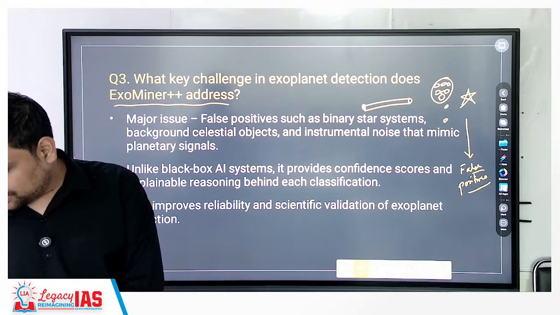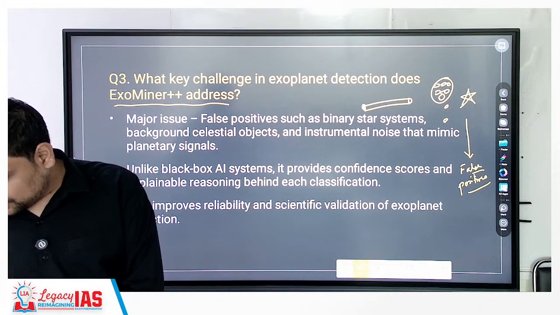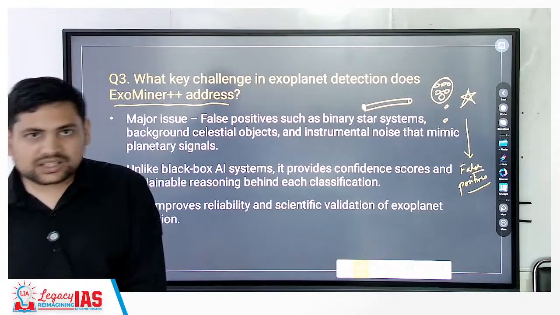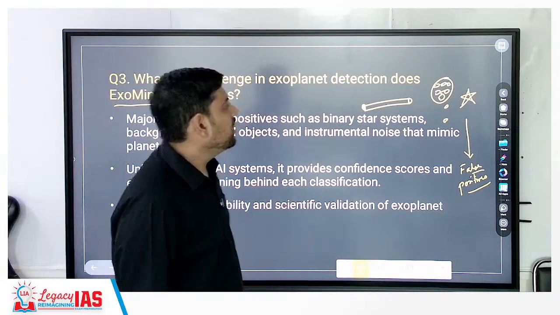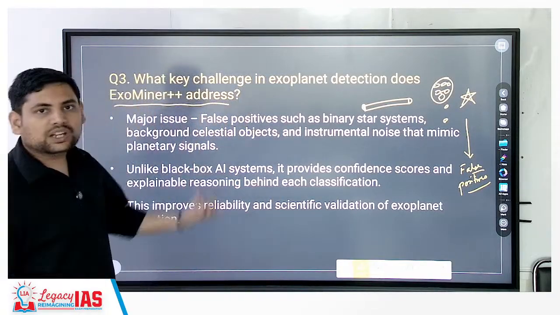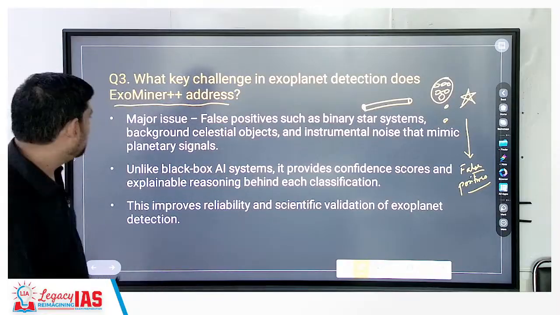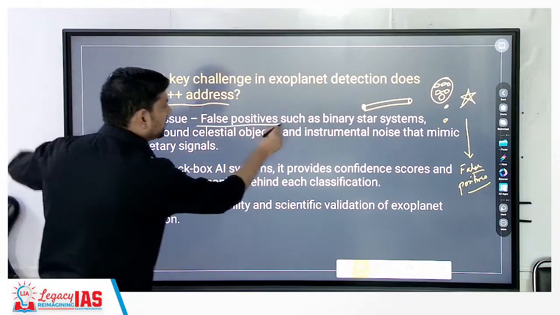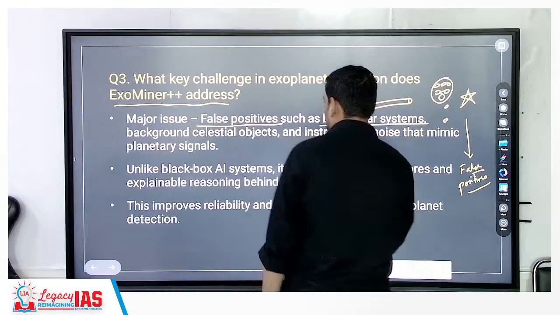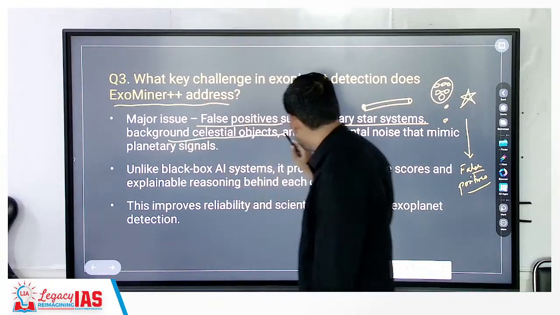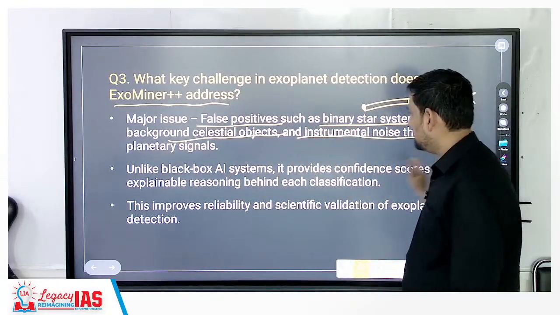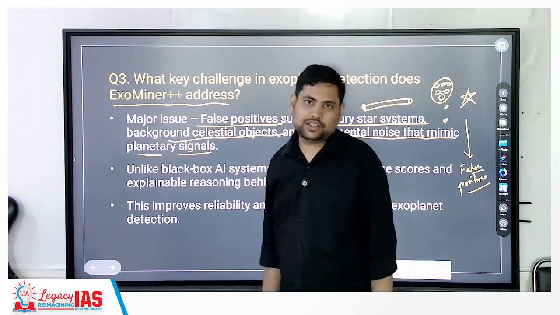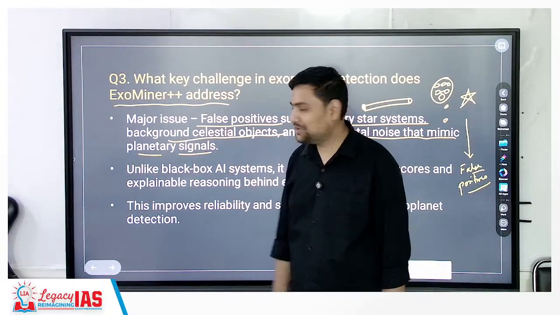Okay, why? Because it feels like, so this is the major issue. Correct. Now, what this deep learning model does, understand that. So basically the major issue is false positives such as binary star systems, background celestial objects, and instrument noise that mimic planetary signals. Understood the issue also.